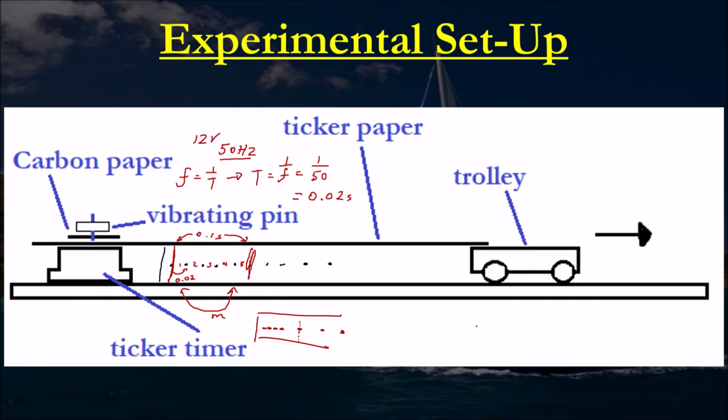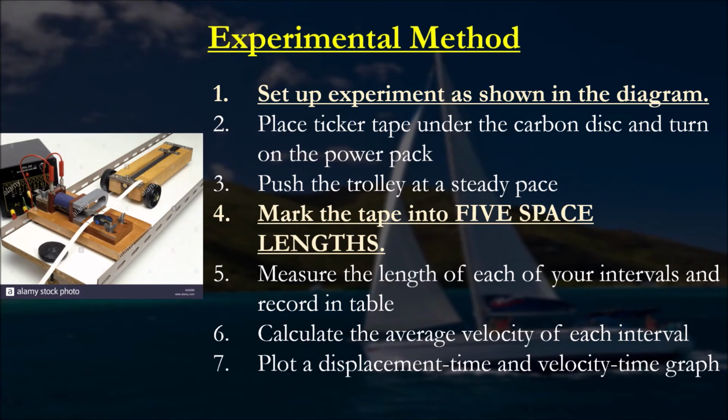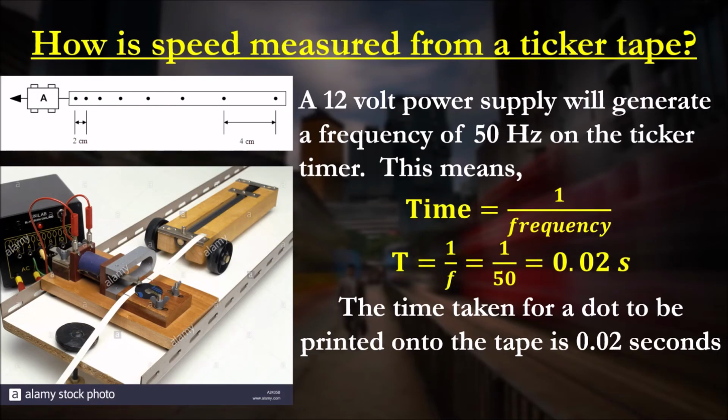If you were to accelerate the trolley, obviously you'd find that the dots will start close to each other, and then they get progressively further and further away. So that's kind of what we talked about here. We're trying to count 5 different spaces instead of 5 dots. So 5 spaces or 6 dots would be the way to go.